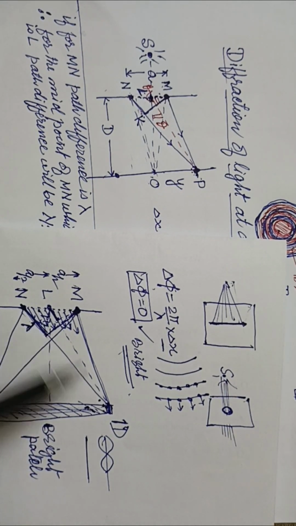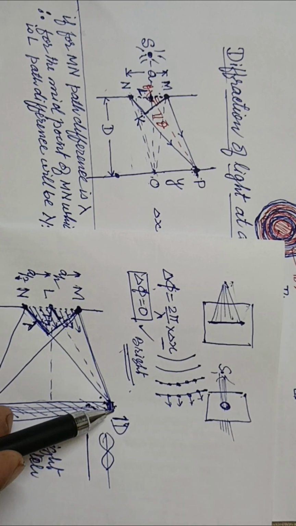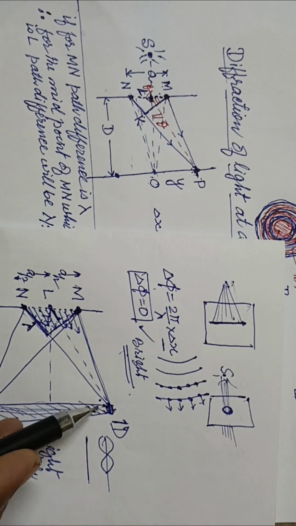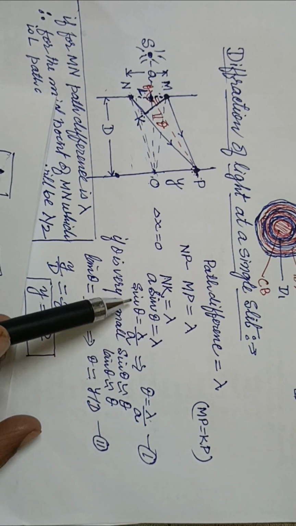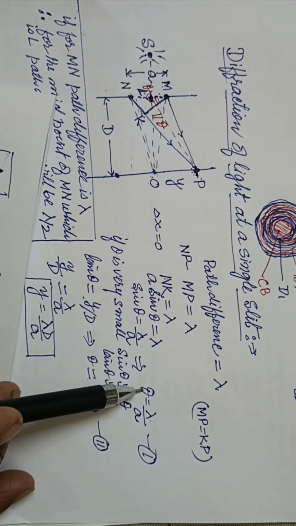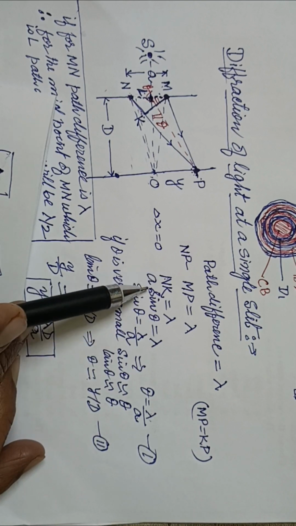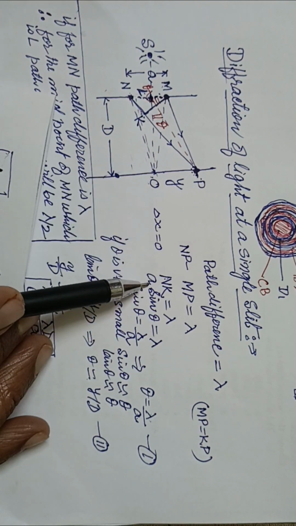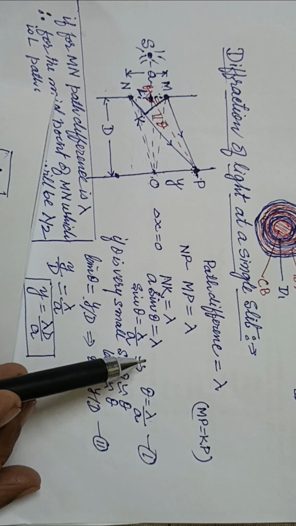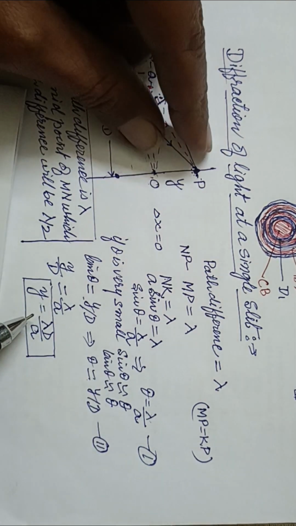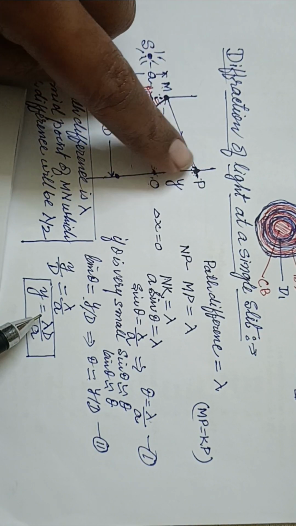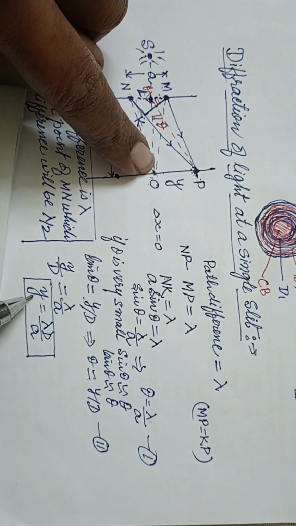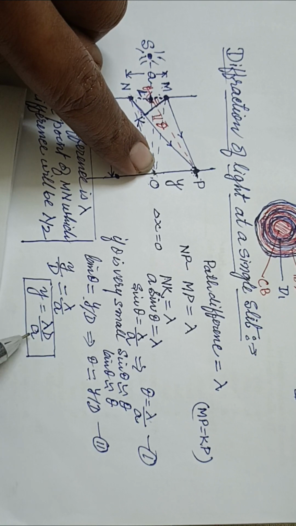Okay. Now we have seen the position of the bright: a sine theta equals lambda. It means this width from P to O, that is y, and y is coming lambda D upon a.